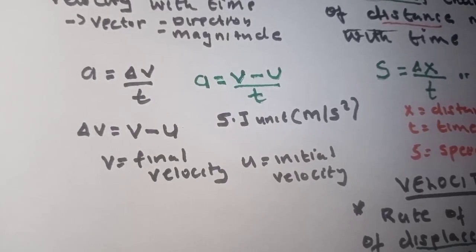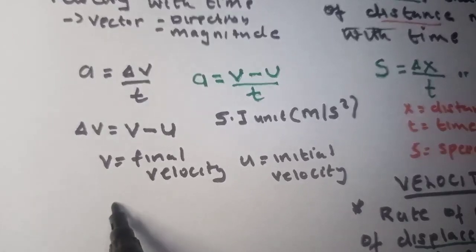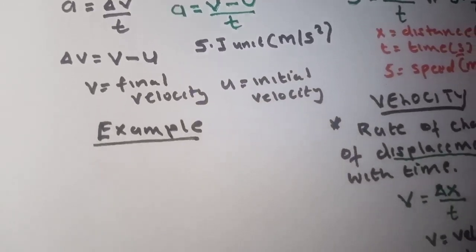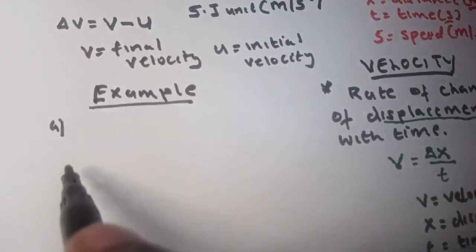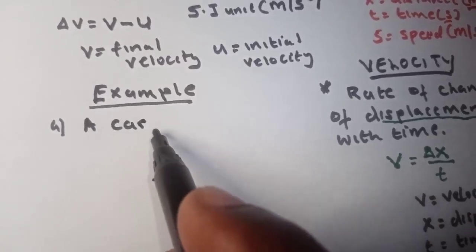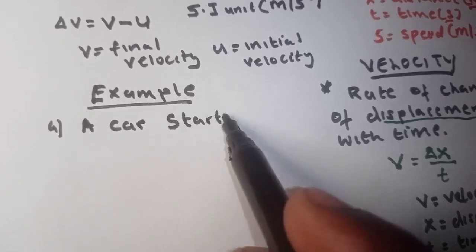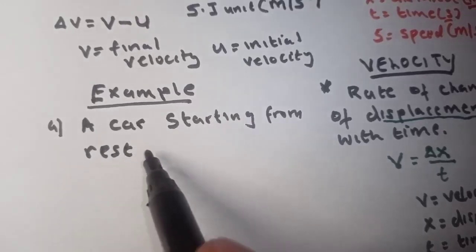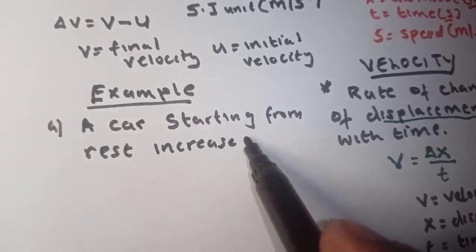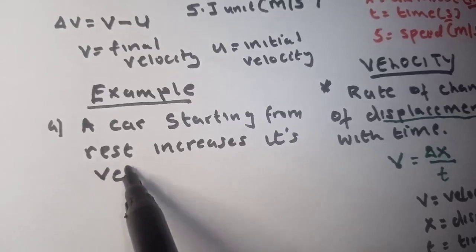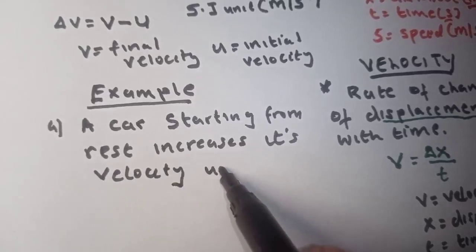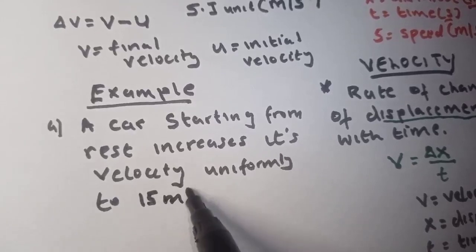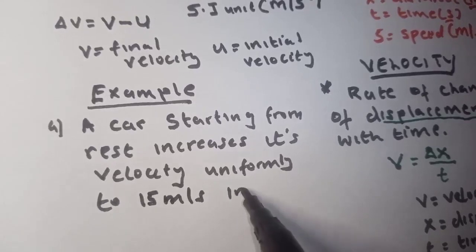Okay, let's look at an example. So example A says that a car starting from rest increases its velocity uniformly to 15 meters per second in 5 seconds.